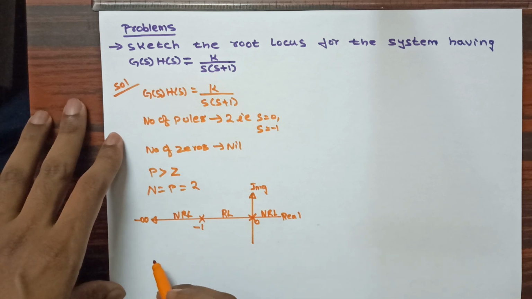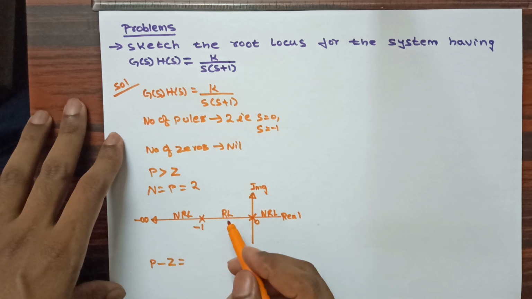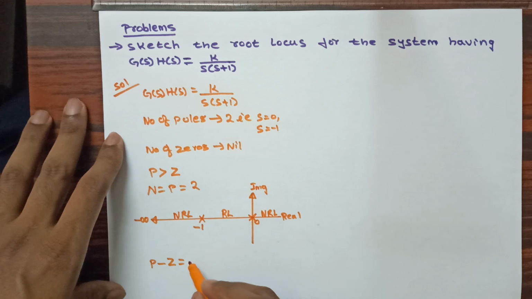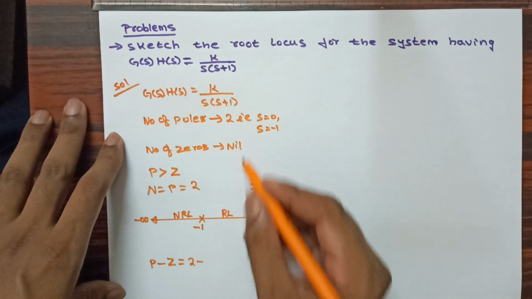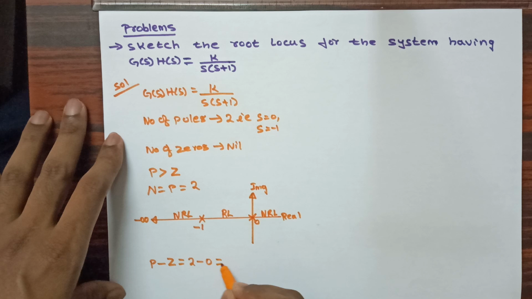Next, we need to know the number of branches approaching infinity. For that we know that number of poles minus number of zeros gives the number of branches approaching infinity. In this we have 2 minus number of zeros nil, that is 0. This will be equivalent to 2 branches approaching infinity.